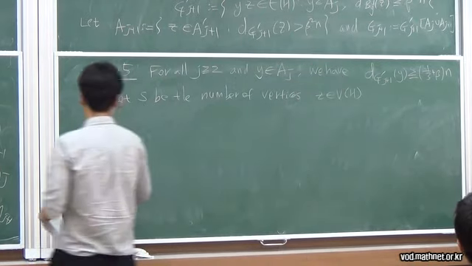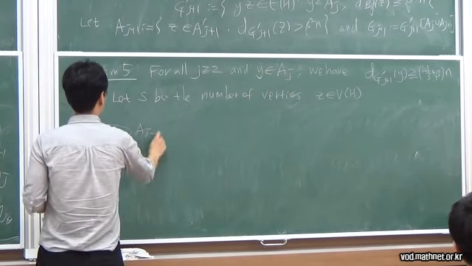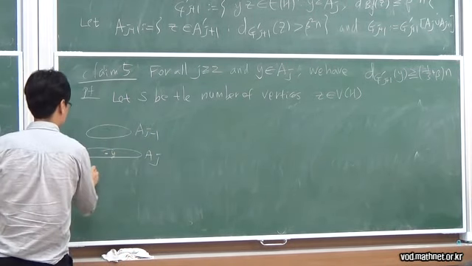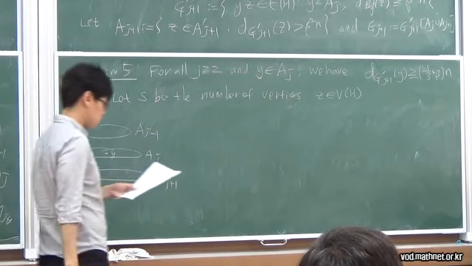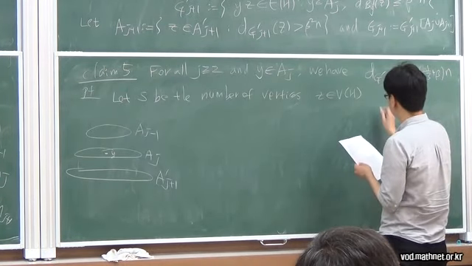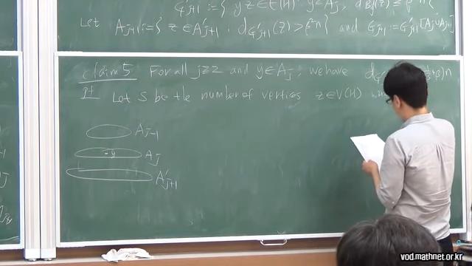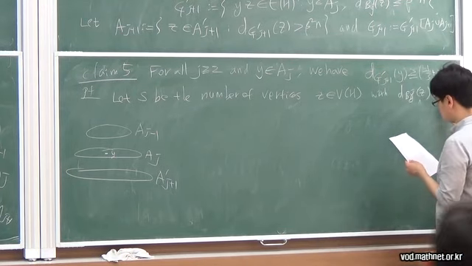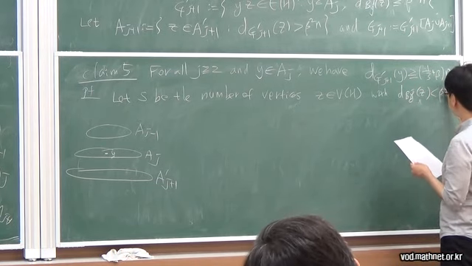Our situation is like this: we have A_{j-1}, A_j, this is y, this is A prime_{j+1}. Let S be the number of vertices g such that, together with y, the degree in this graph, P_j sub y, is less than beta to the 4 times n.